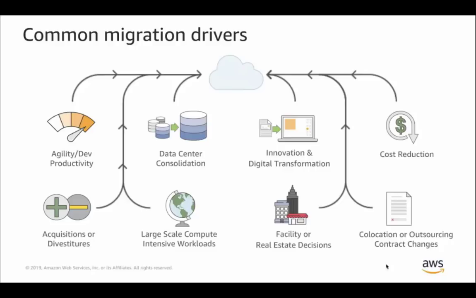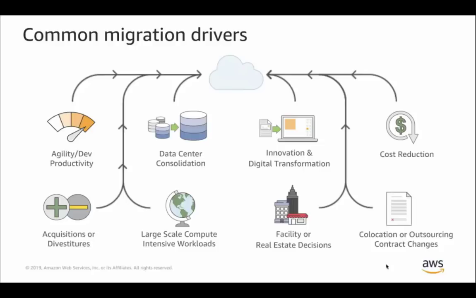Co-location changes or contracting changes with their outsourcing contracts is another common decision, as well as facilities, real estate decisions, any kind of decisions or acquisitions or divestitures, which are common business practices, which require additional compute facilities, etc. These are all reasons during which our customers look at major decisions such as evaluating a cloud platform and moving workloads to the cloud.